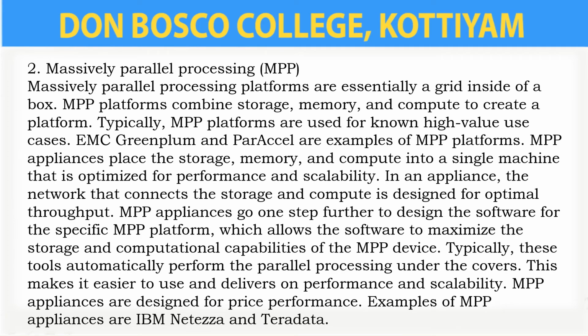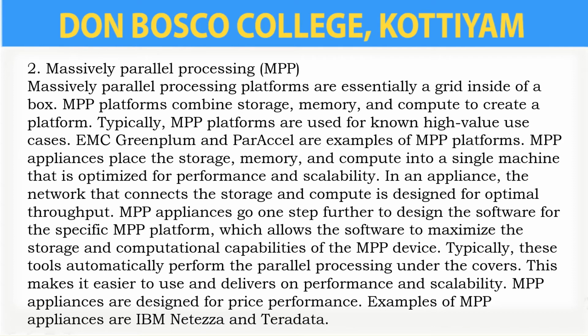The second one is MPP, that is massively parallel processing. Massively parallel processing is a coordinated processing of a program by multiple processors that work on different parts of the program, with each processor using its own operating system and memory.